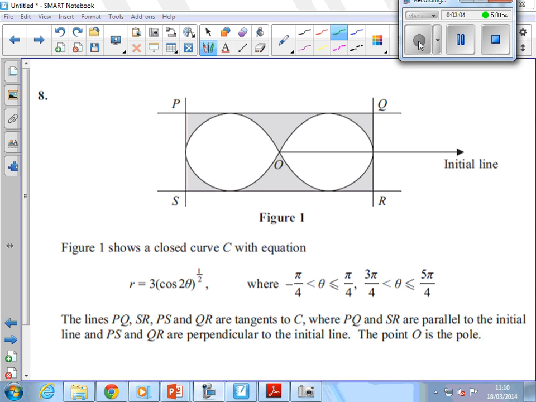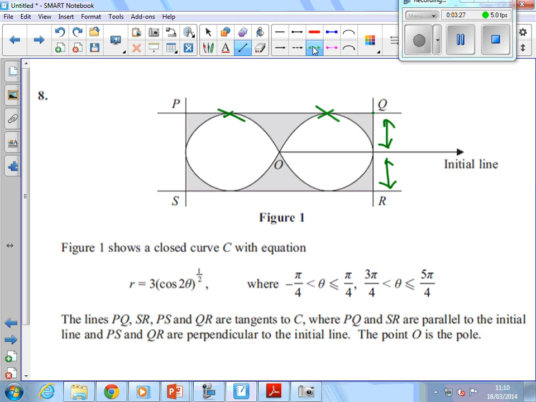Well, if we could work out the coordinate of the points on the curve where the tangent is parallel to the initial line, then we simply need to double that to work out the complete distance QR. So the complete distance QR, the height of our rectangle, would simply be 2 lots of this distance here.